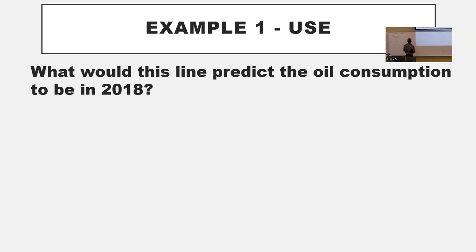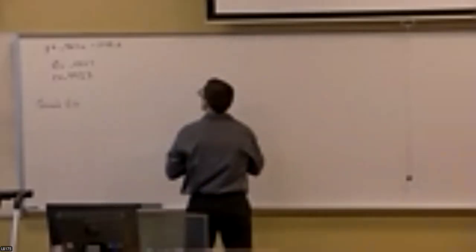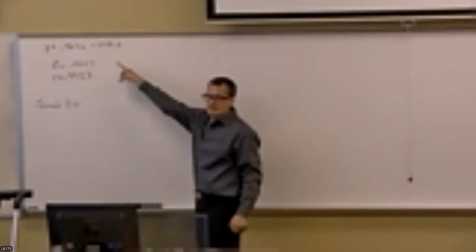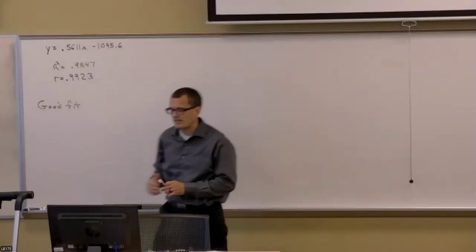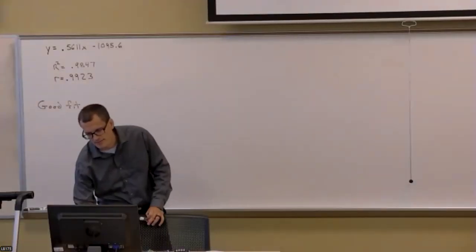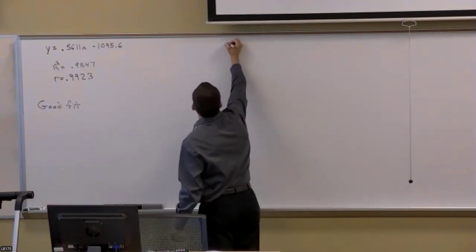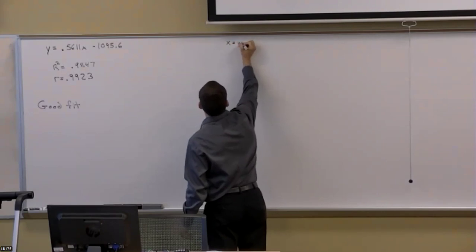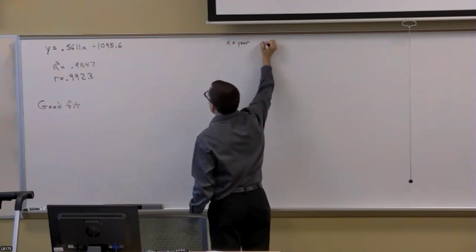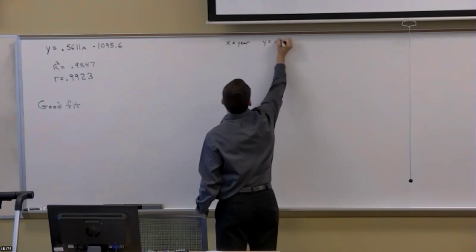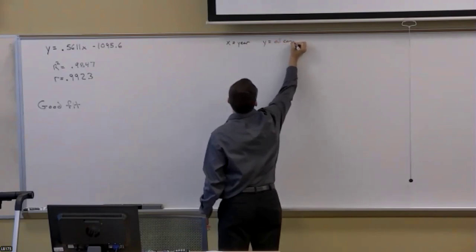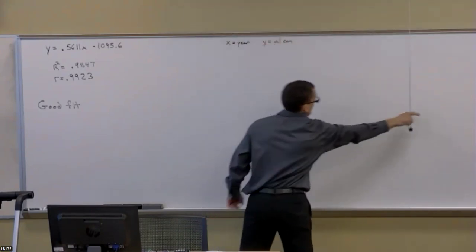And all we're doing there is saying I'm given a line. I just need to understand what that line means. X is the year, and Y is oil consumption in billions of barrels of oil.